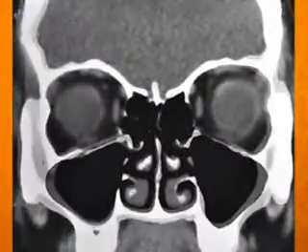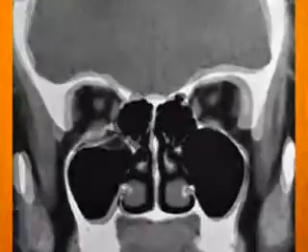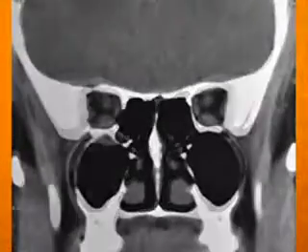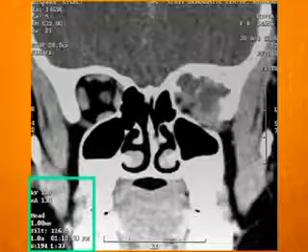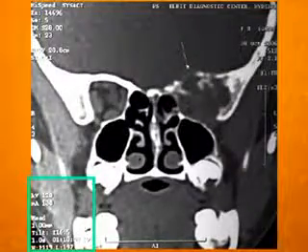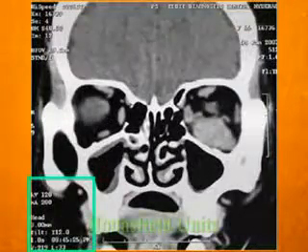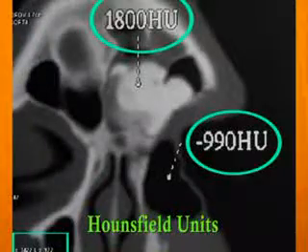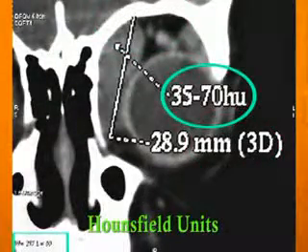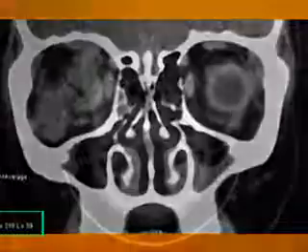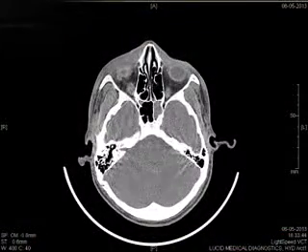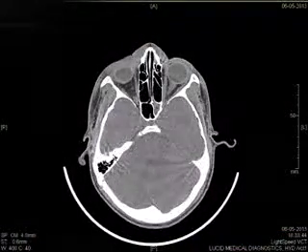The cross-sectional size of the orbital cavity reduces as we move posteriorly. The relevant technical parameters such as slice thickness, Hounsfield units, window width, and level are usually depicted next to the image. Let us begin to identify the normal findings on a CT scan.